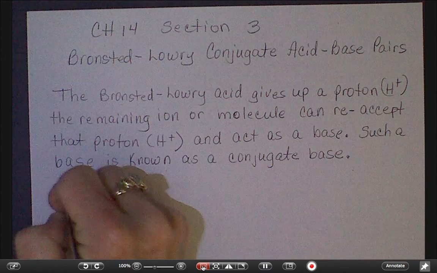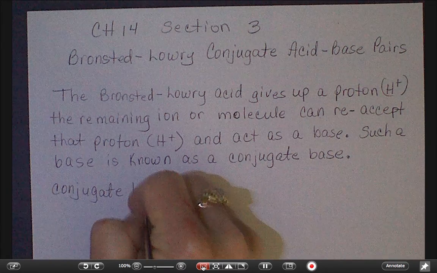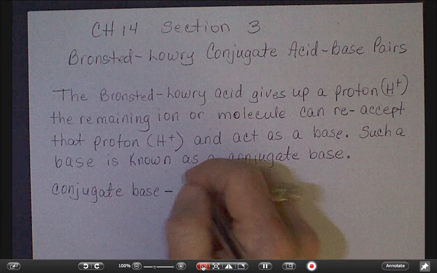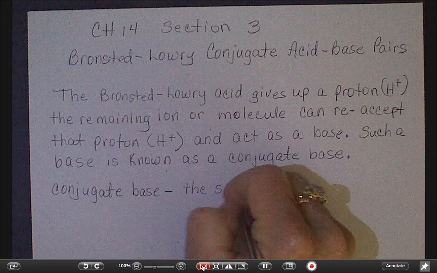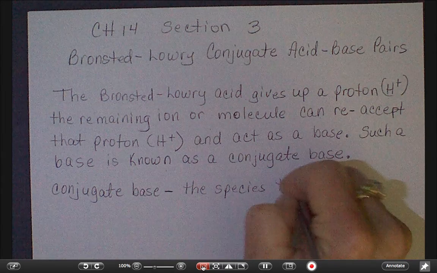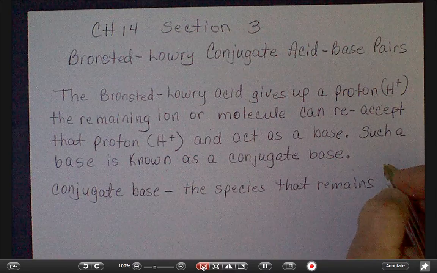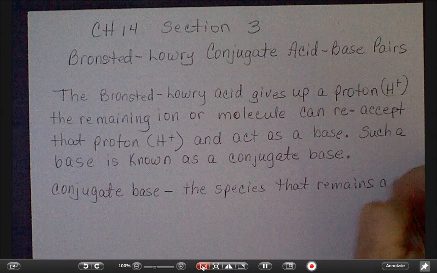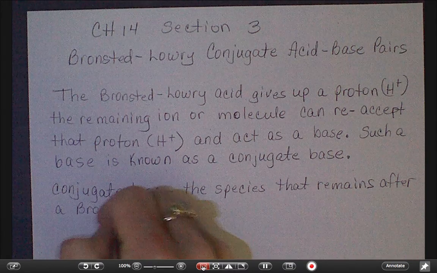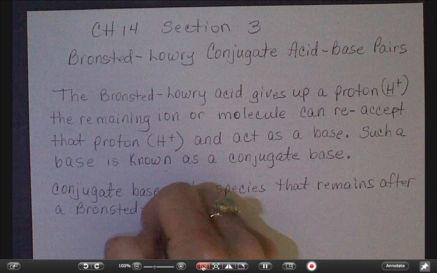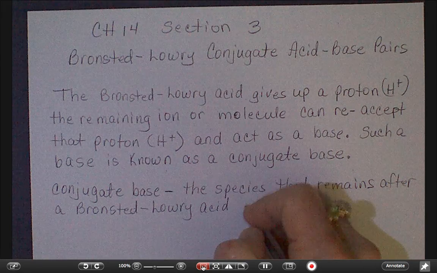Definition, conjugate base: the species that remains after a Bronsted-Lowry acid has given up a proton.